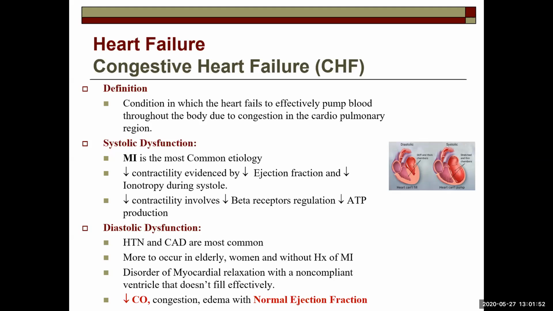Inotropy is the ability of the muscles of the heart to contract, using ions within them to contract. So decreased contractility involves decreased beta receptor regulation. And we know that the beta receptors are the ones that work with epinephrine in order to increase the heart rate. So when you decrease this, the heart rate will decrease.